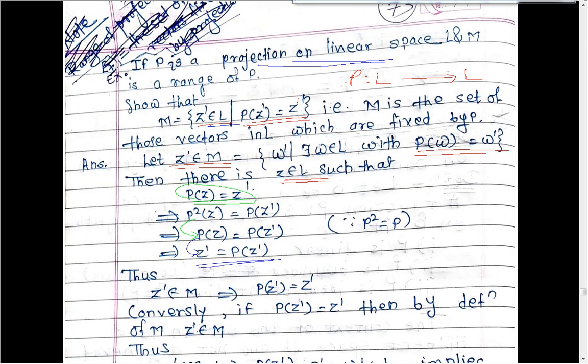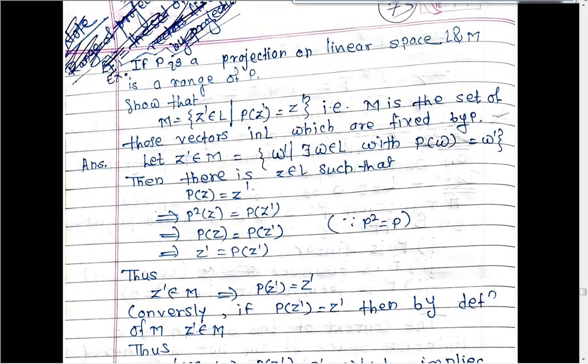So, z' is fixed by P if z' belongs to the range M. M is nothing but the set of all images of all vectors in L. So, this property is fairly simple to prove.